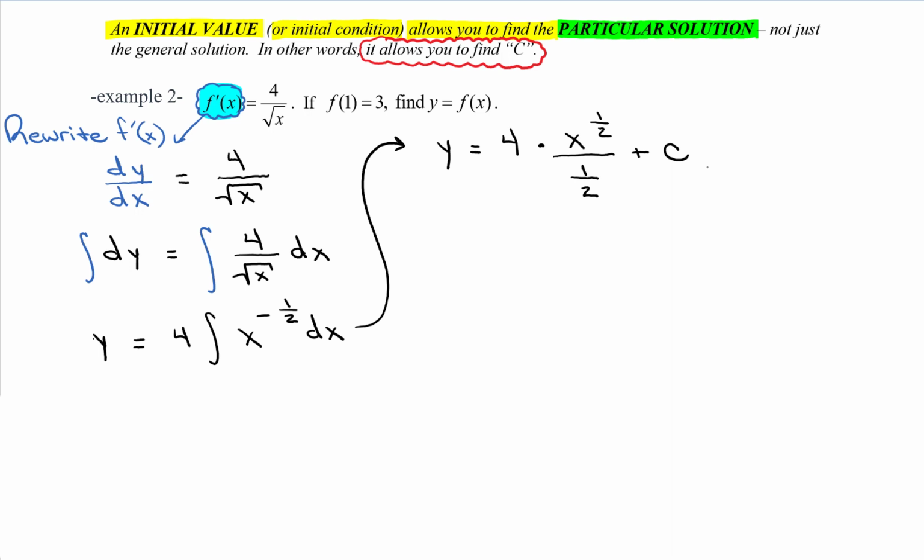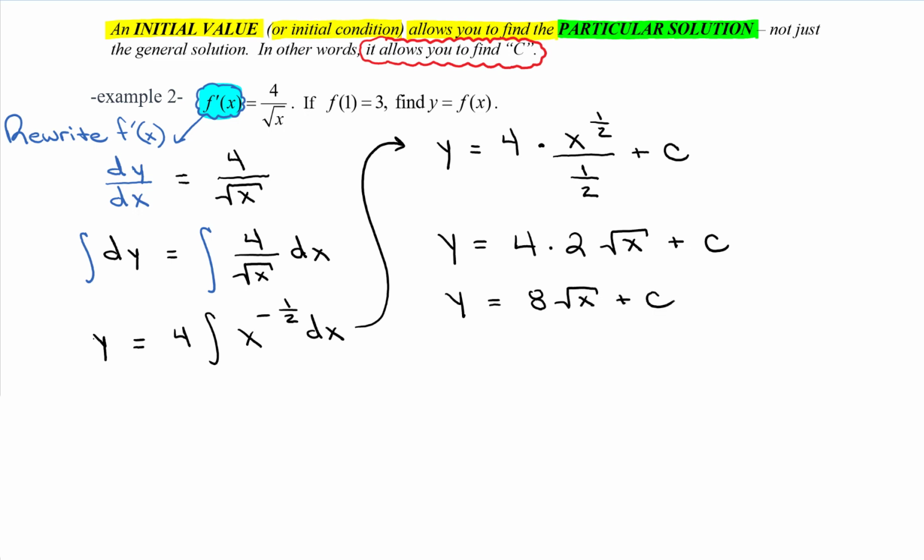We can simplify this a little more. Let's rewrite this as y equals 4 times 2 times the square root of x plus c. We can multiply the 4 times the 2, so we get y equals 8 times the square root of x plus c.